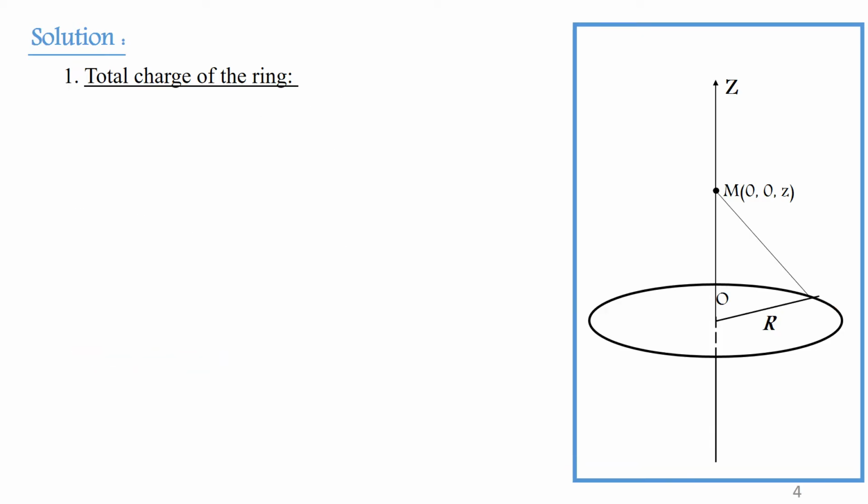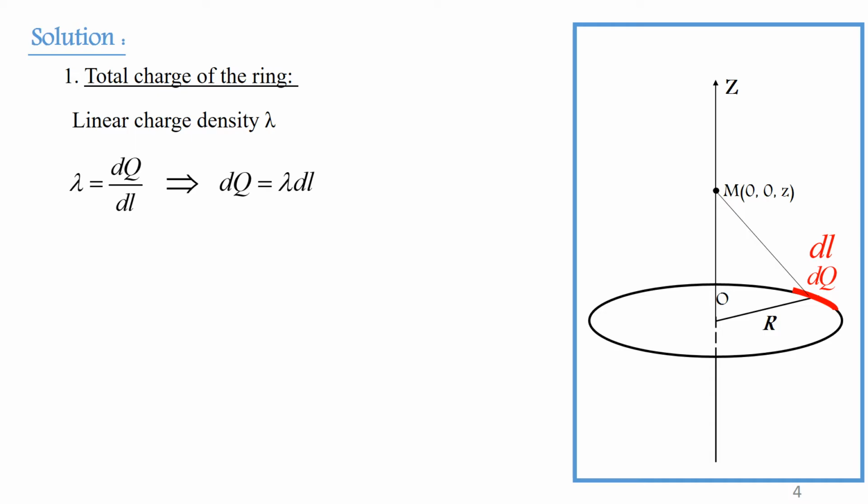For total charge, the idea is to break down the medium into elementary portions dl, and each portion carries an elementary charge dq, so that we can write lambda equals dq over dl, and so dq is equal to lambda dl.